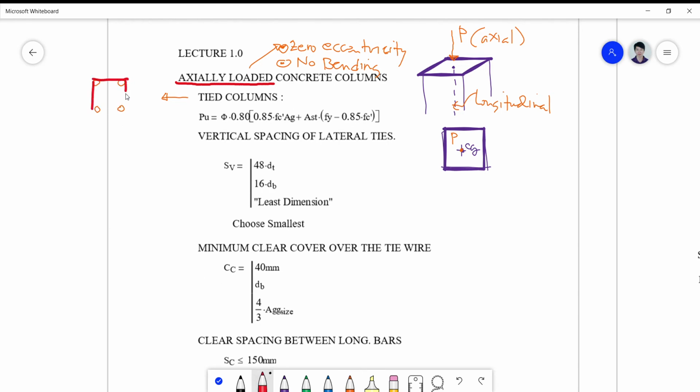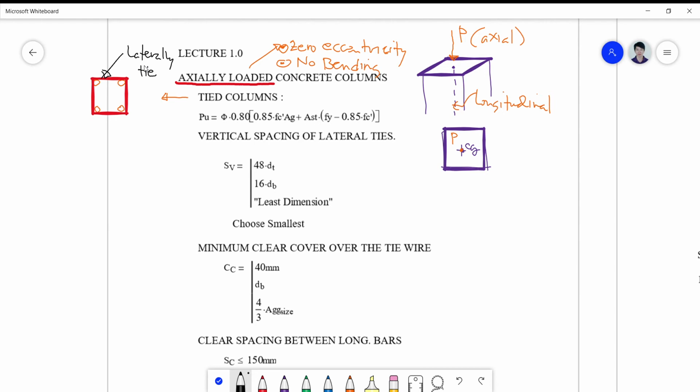So this is now your lateral ties. We call this a lateral tie. It looks like a stirrup, but it does not function only as a stirrup. It functions more than a stirrup.